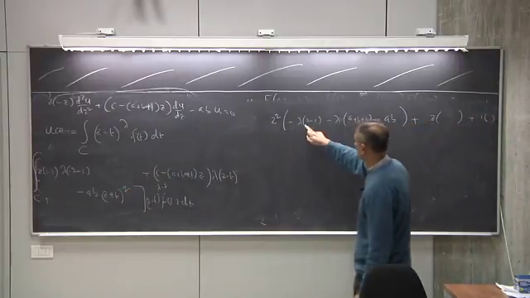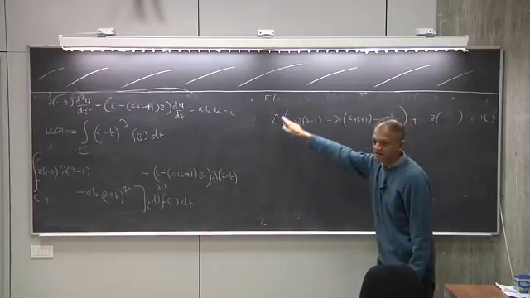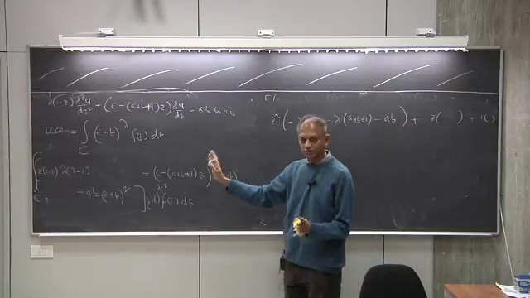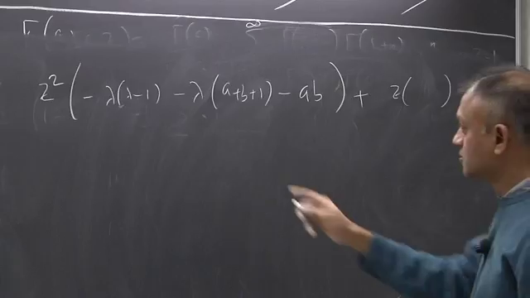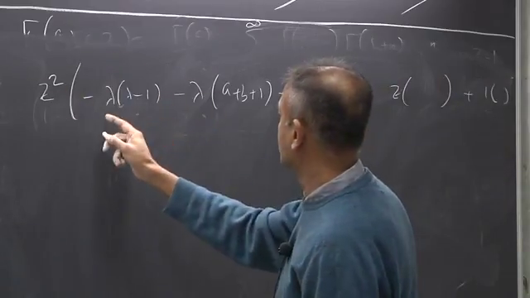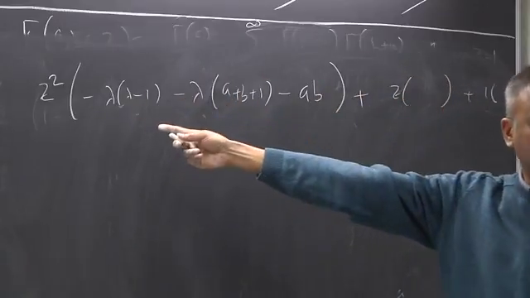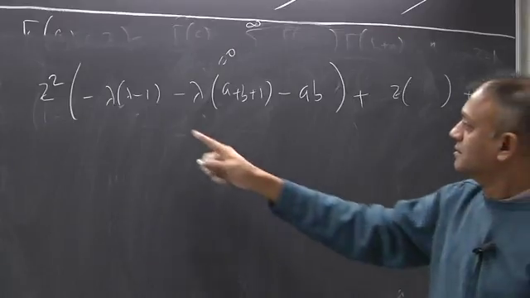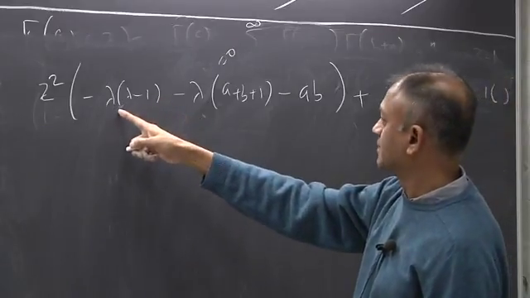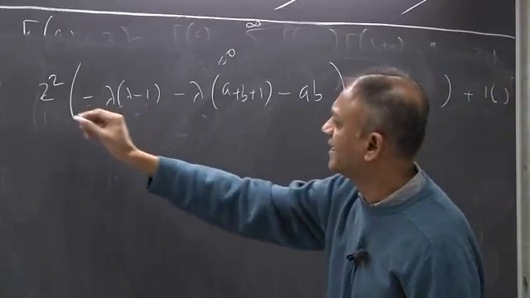So I'm going to choose lambda to make this vanish, so that inside the square bracket you have only a linear function of z. This is just a quadratic equation for lambda. It will have 2 solutions, right? I want to set this equal to 0. So you can see, this is the same as taking the minus outside.